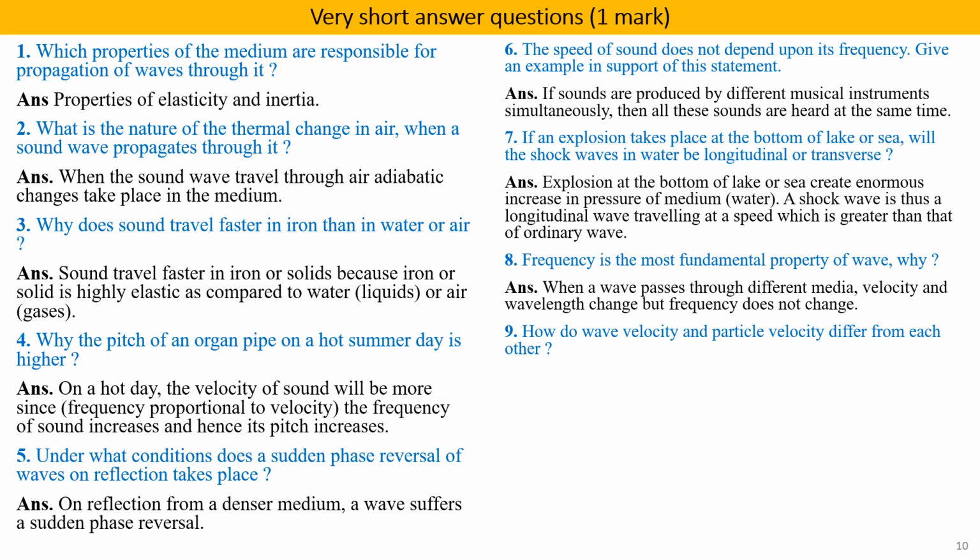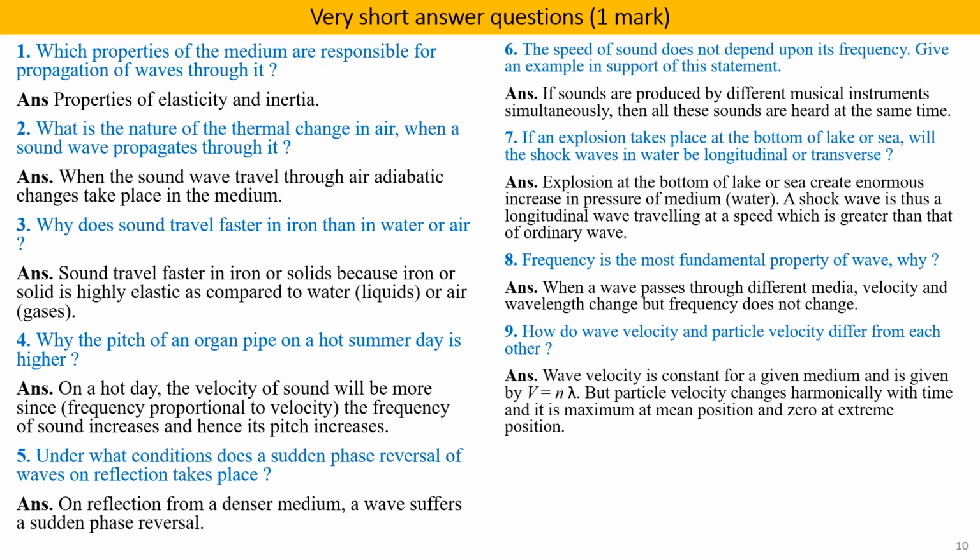How do wave velocity and particle velocity differ from each other? Wave velocity is constant for a given medium and is given by v equal to n into lambda. But the particle velocity changes harmonically with time and it is maximum at the mean position and zero at the extreme position.